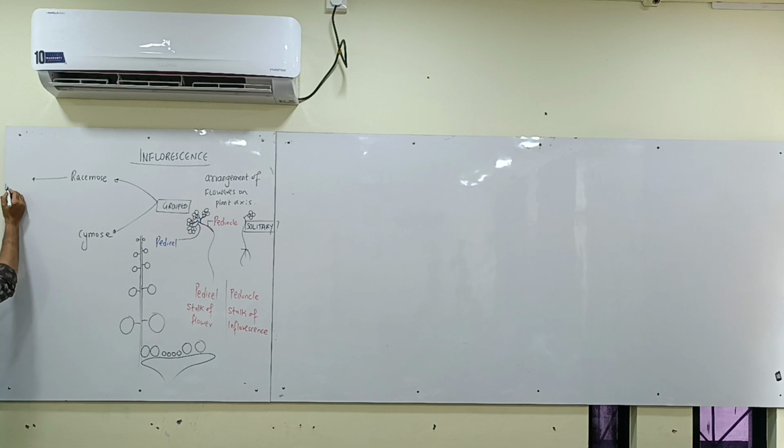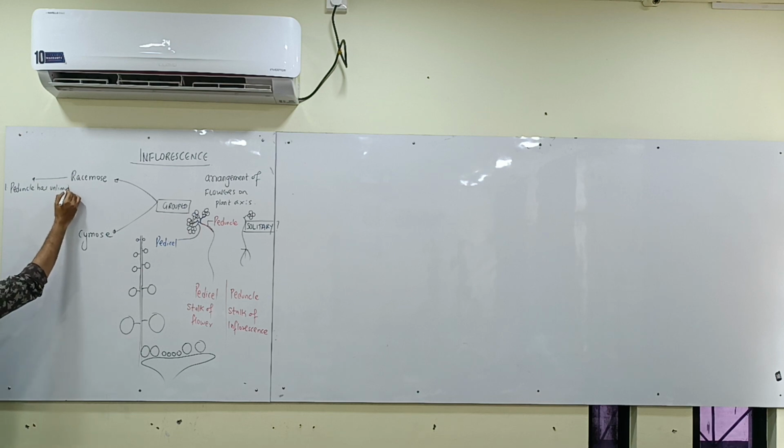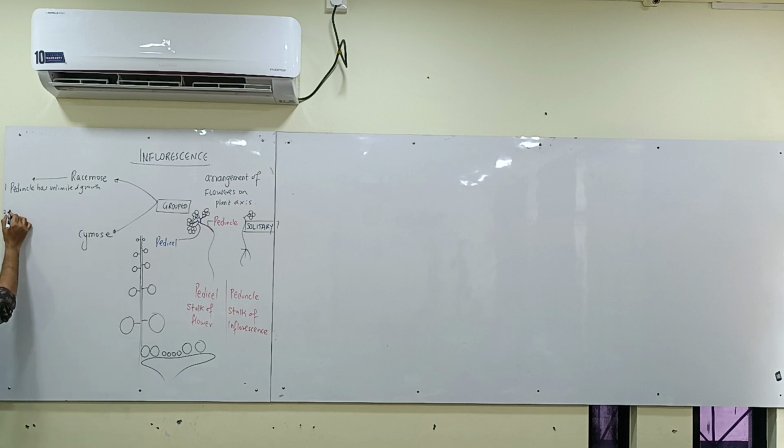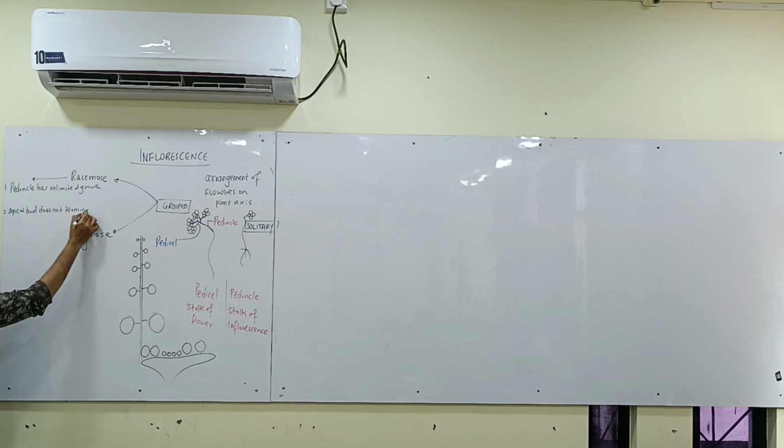So can we highlight the points? What is the first point? We'll say that the peduncle has unlimited growth. Why does the peduncle have an unlimited growth? Because the apical bud does not terminate, change into a flower.